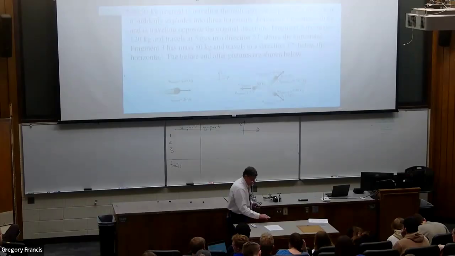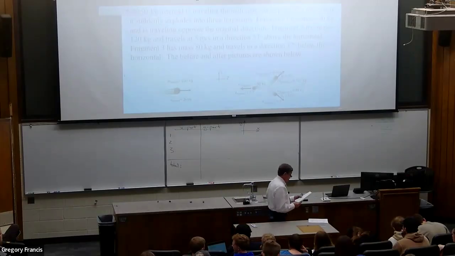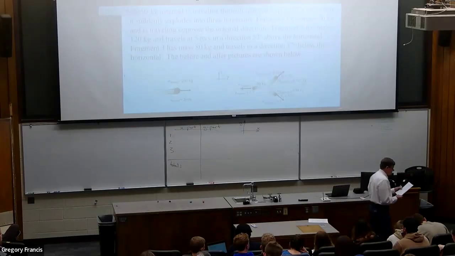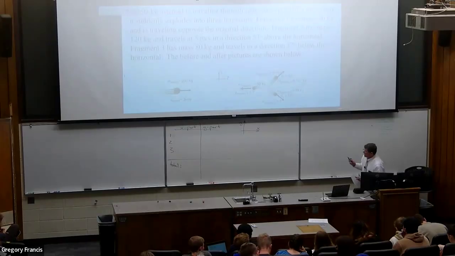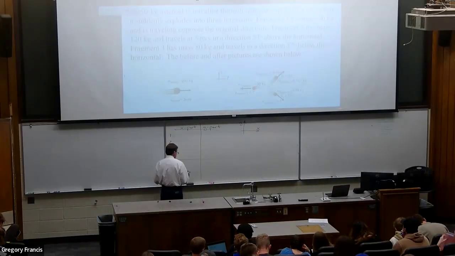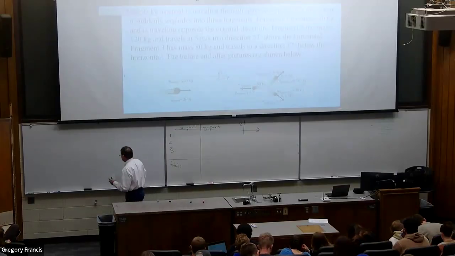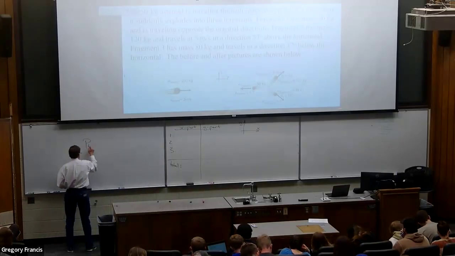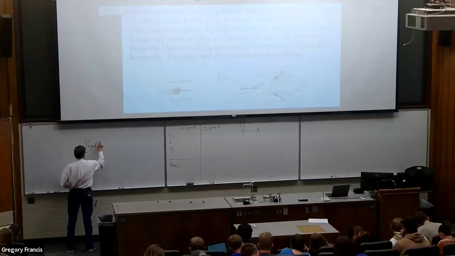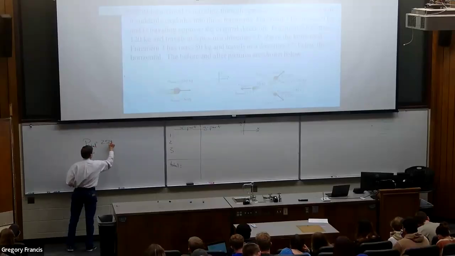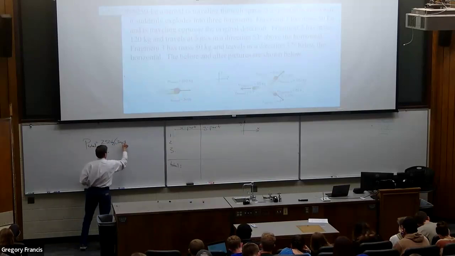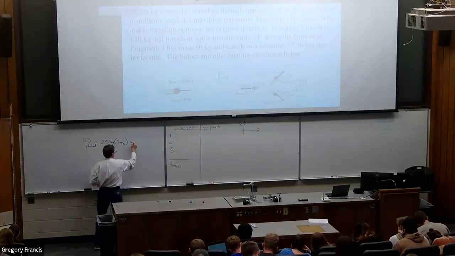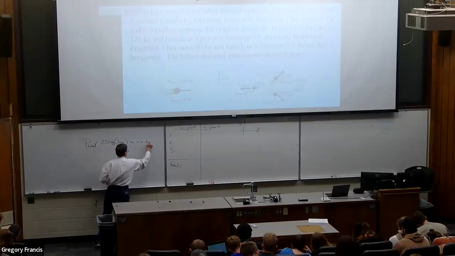The first question on there asks us to find the X and Y components of the asteroid's momentum before the explosion. Well, it's all in the X direction. None of it is in the Y direction. And that P total is just the mass of 250 kilograms times the speed of 3 meters per second, in the positive X direction.